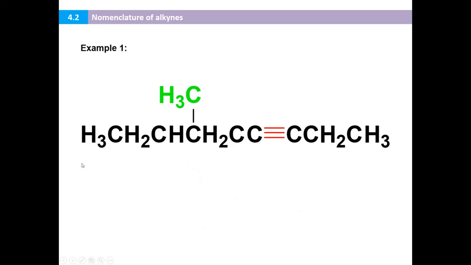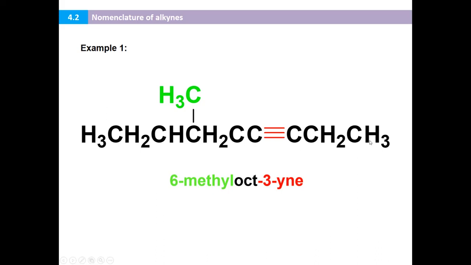And for example, here you have this structure. You have a triple bond. So first you need to find the longest parent chain. Of course, here it has 8 carbons in the longest parent chain. You also need to locate the substituent. After that, please make sure that the location of the triple bond is at the lowest number.